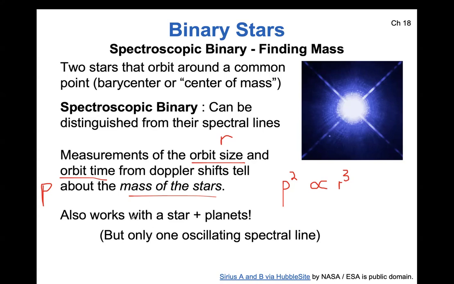We can use the same technique of spectroscopic analysis to analyze planets orbiting stars. In that case, there would only be one oscillating spectral line, just that of the star, because the reflected light off the planet is way too dim to see. It would just be the small wobble that the planet causes the star to undergo.